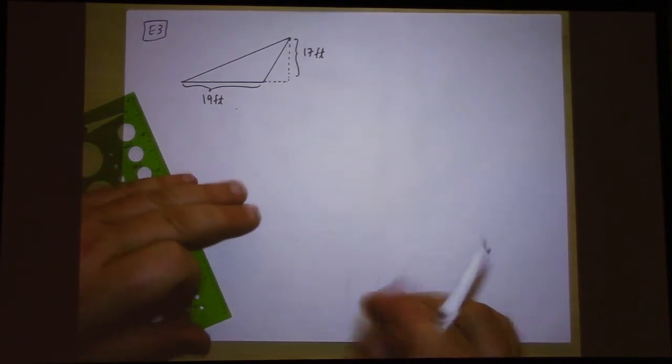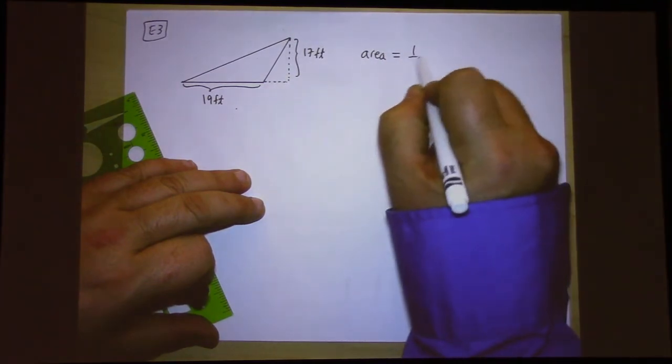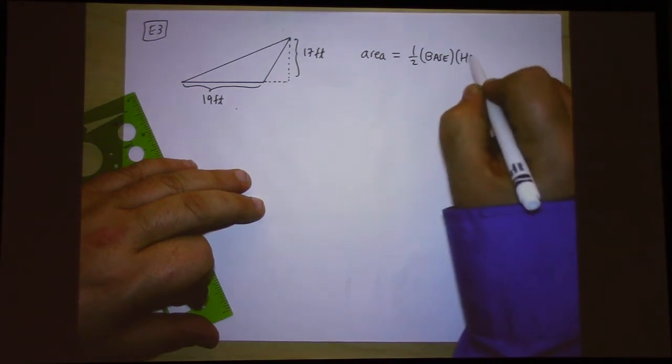So how do you do that? It is 1/2 base times height, the formula for the area of a triangle.